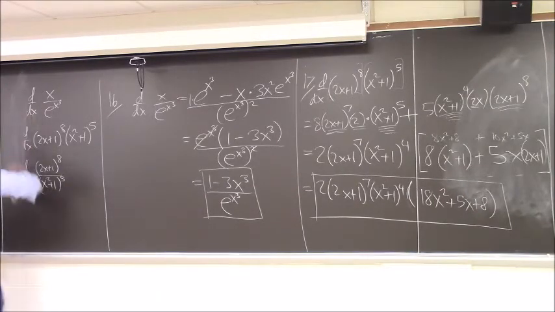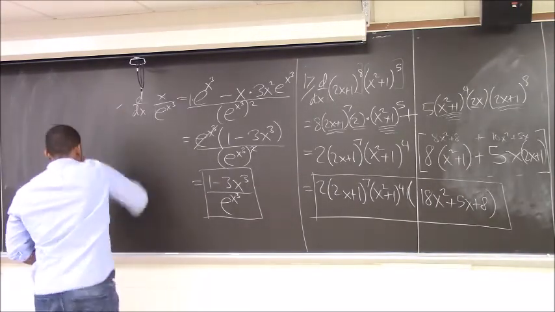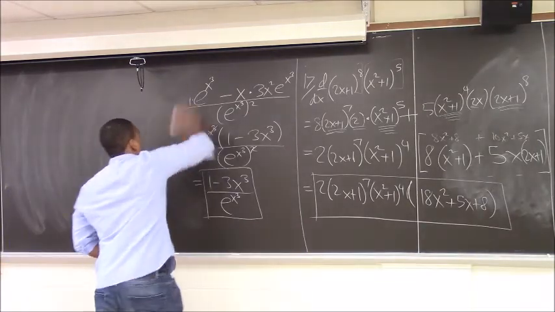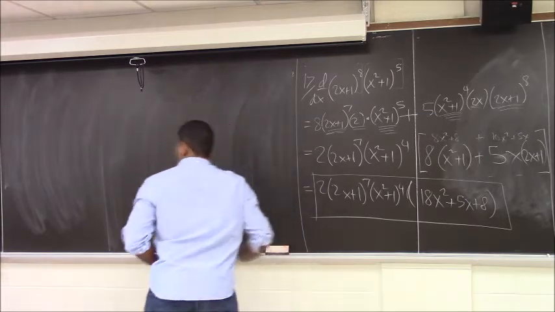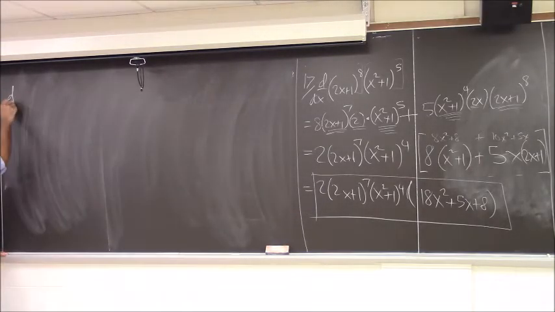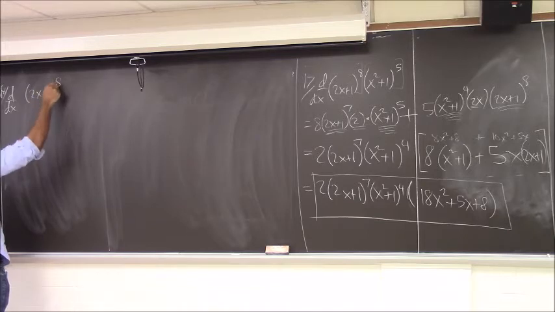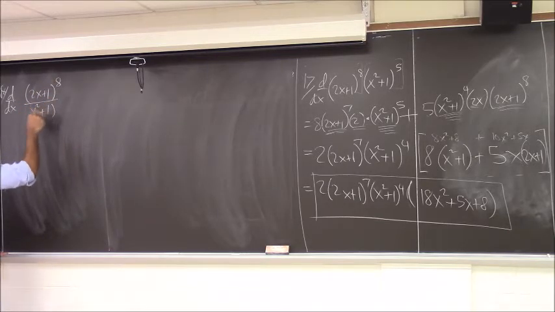What about this one? Oh, 18. It's the 2x plus 1 to the 8, and we divide by the x squared plus 1 to the 5th. Quotient rule. So what would that look like here?